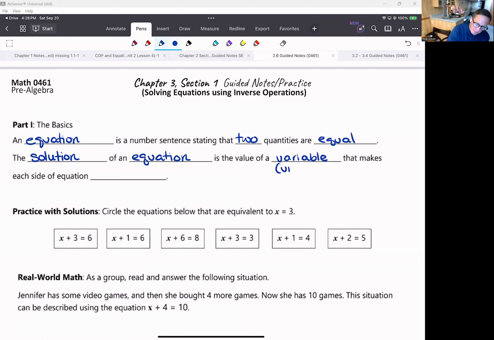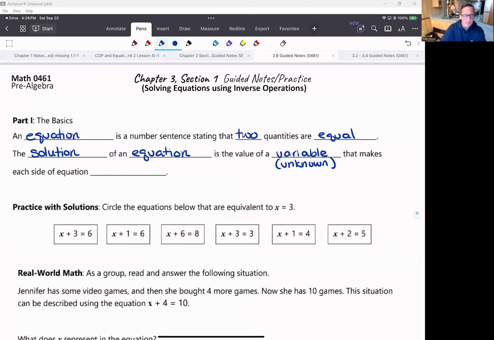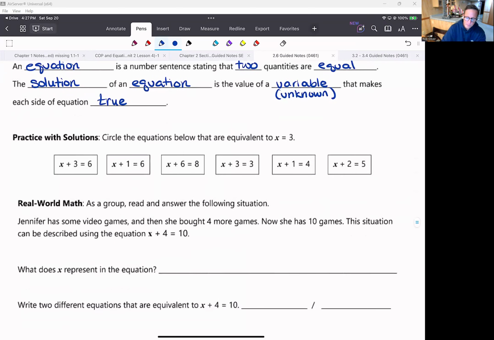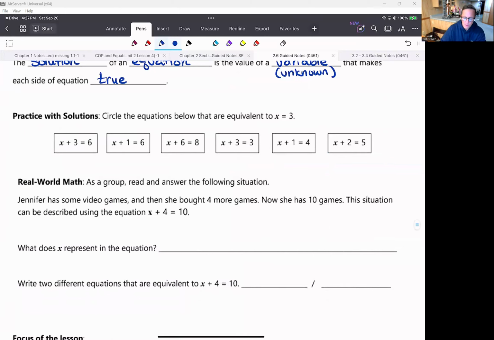I don't always like calling it a variable, because that makes it sound like it could be anything, but it's really an unknown. It's the value of the letter, the x, the y, the n, that makes each side of the equation true. In other words, balanced.